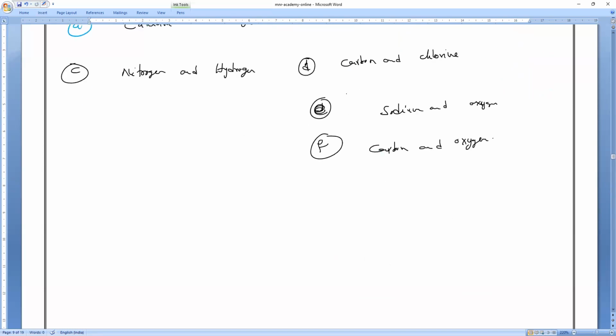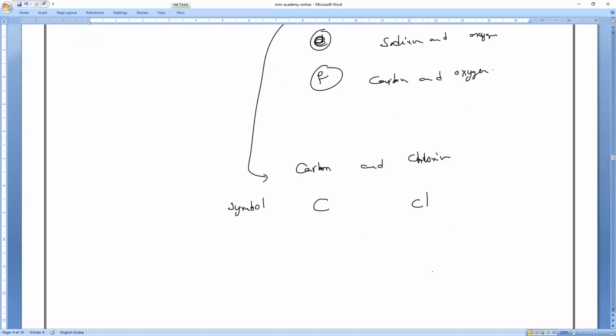Now I will teach you one alone for your purpose: carbon and chlorine. How to write it? Tell me the symbols. What is the carbon symbol? C. Chlorine symbol? Cl. What is the valency? Carbon 4, chlorine 1. If you do the crisscross, what is the formula?